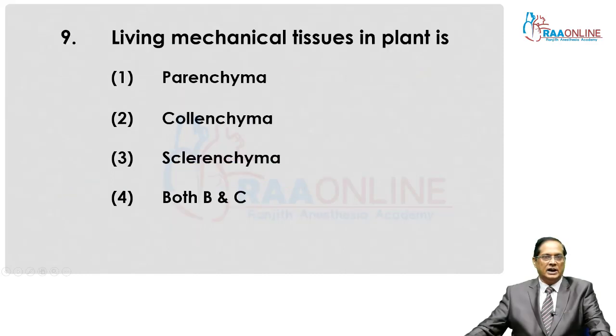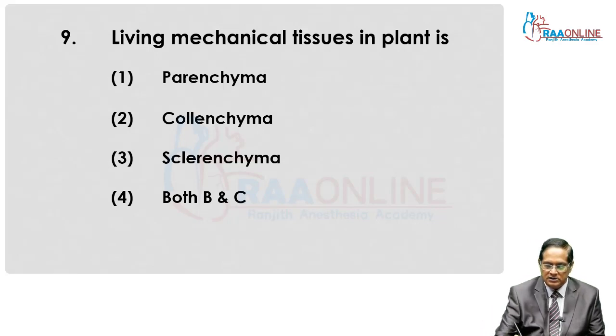Now next question 9. Living mechanical tissue of plant. In plants, simple permanent tissue is kept under three categories: parenchyma, collenchyma, sclerenchyma.